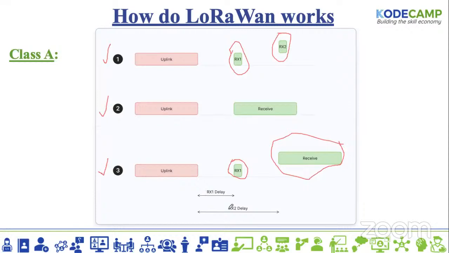Some of the use cases of class A end devices are environmental monitoring. I made a very good example with the trash bin. Another one is animal tracking.